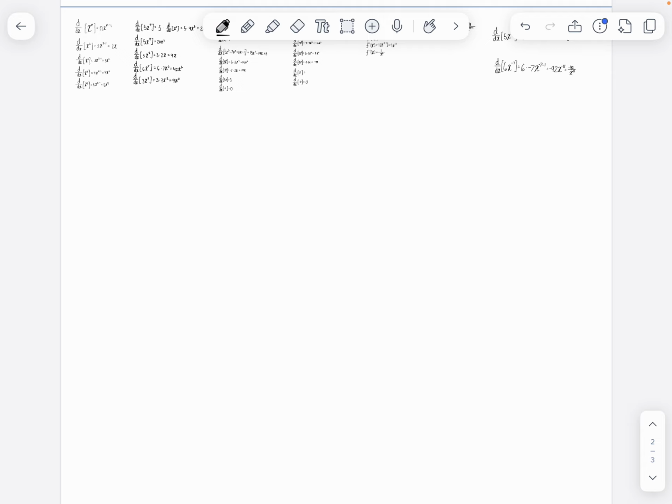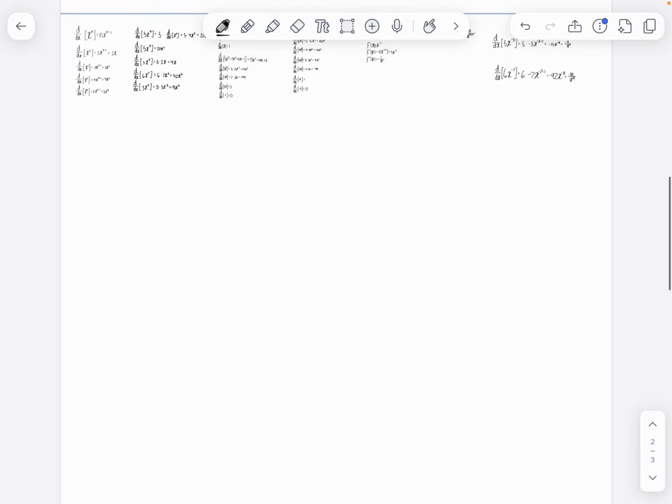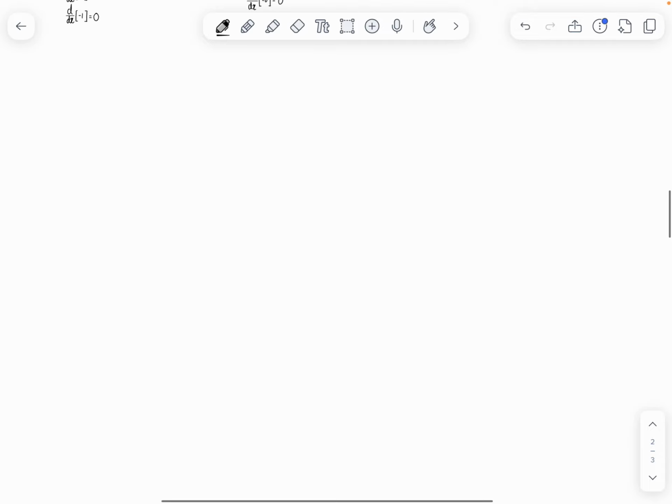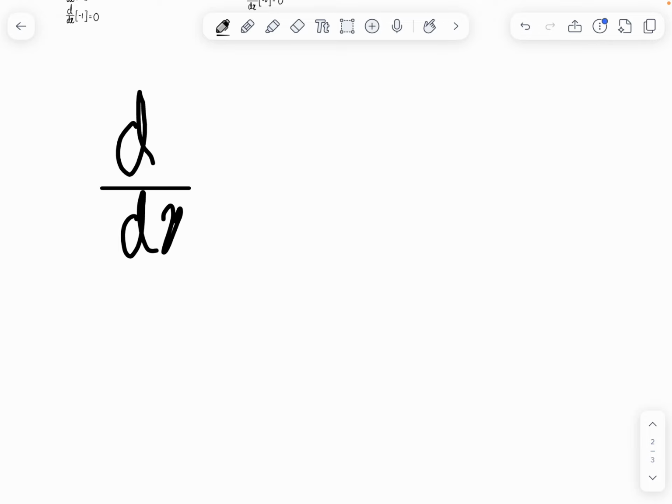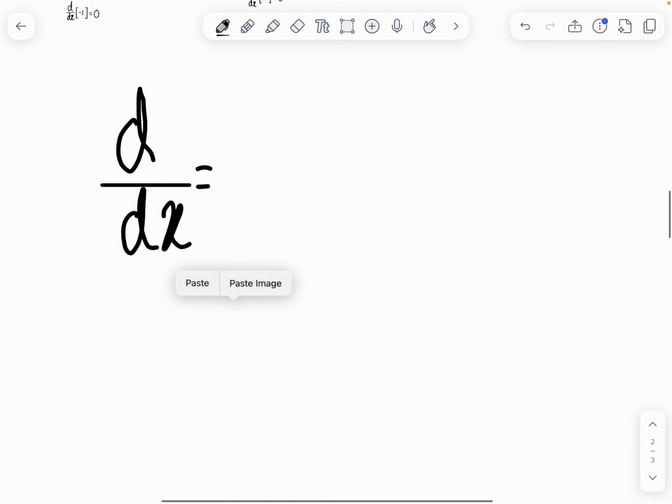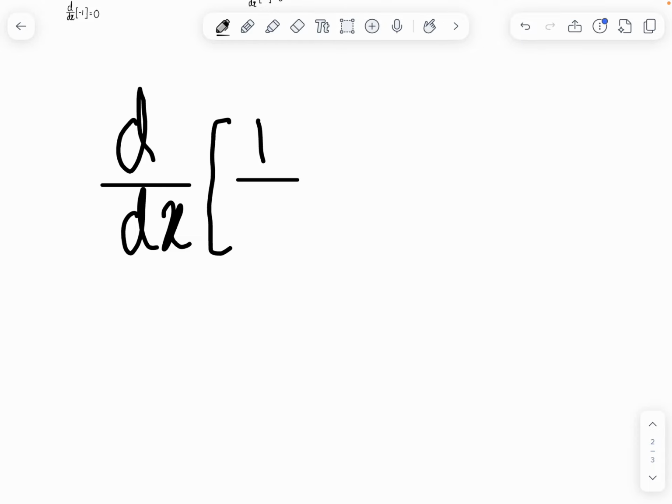Like 5 over x squared, or 6 over x to the power of 7, or 4 over x squared. So yeah, let's get started. What is the derivative of 1 over x squared?